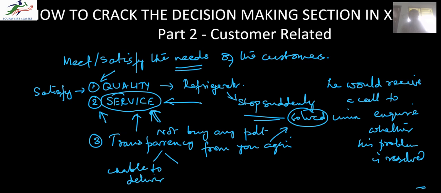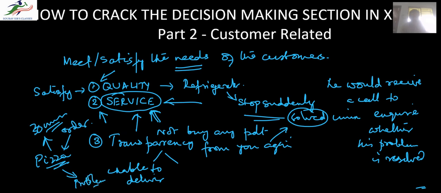For example, you are supplying pizzas and you get an order from a customer and you are normally supplying within 30 minutes, but on that particular day there is a problem in the area.